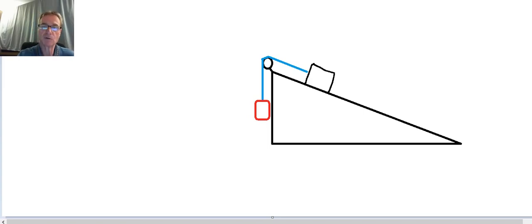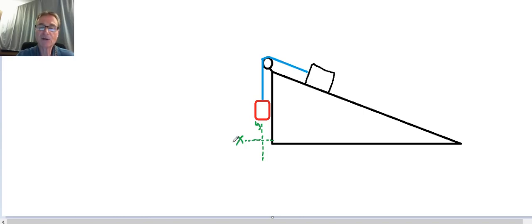Let's use green here. The coordinate system that I'm going to use for this object over here, I can just use a standard coordinate system, right? Y and X. And that's going to work well because gravity is working in the strictly y direction there.